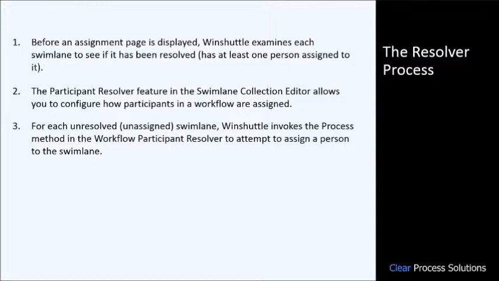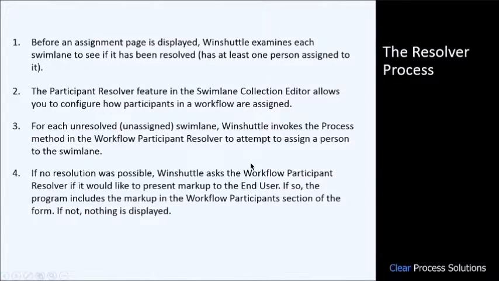So for example, if you're going against a SharePoint list called buyers, and your company code is 123, it's going to go to the SharePoint list, find the buyer for company code 123, and it's going to assign it to that swim lane.